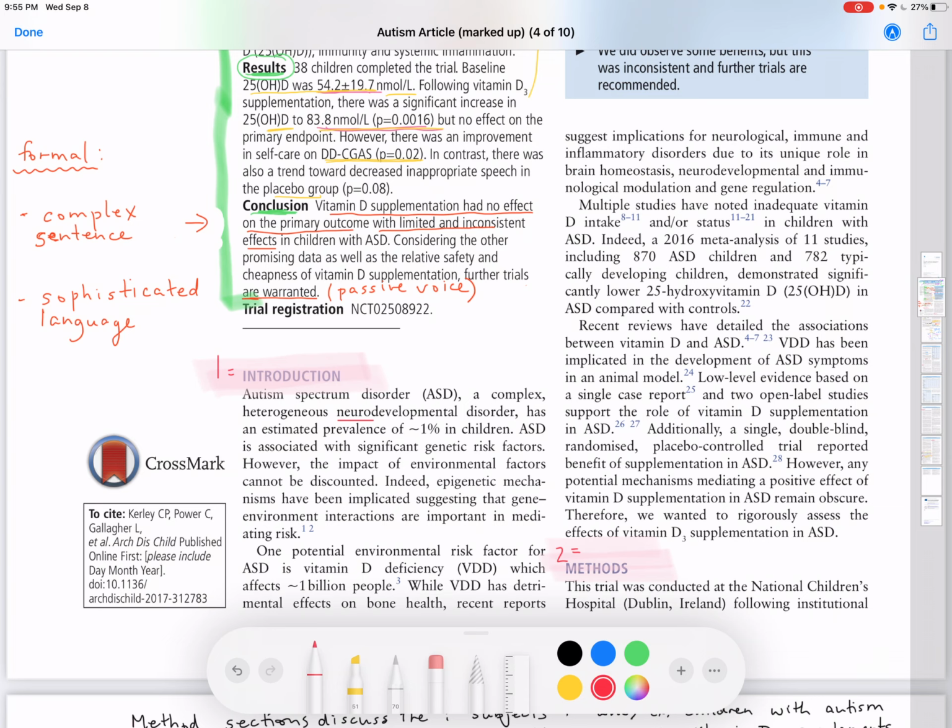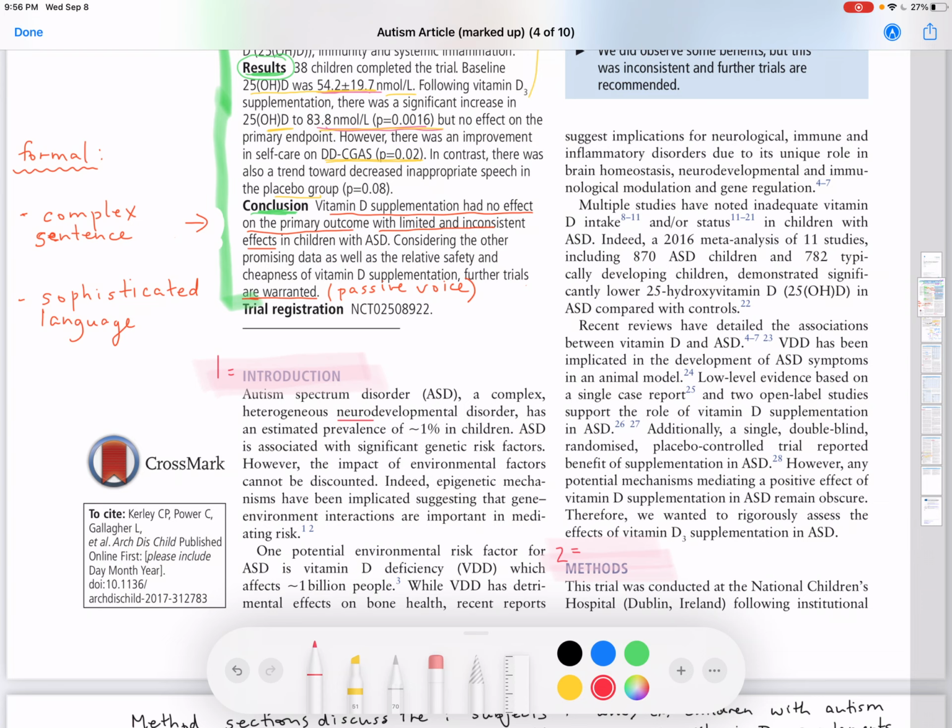This means statistically significant, which means often there are some genetic risk factors involved. However, the impact of environmental factors cannot be discounted, cannot be ignored. So the effect of environmental factors, or things in the environment, cannot be ignored. They cannot be discounted.